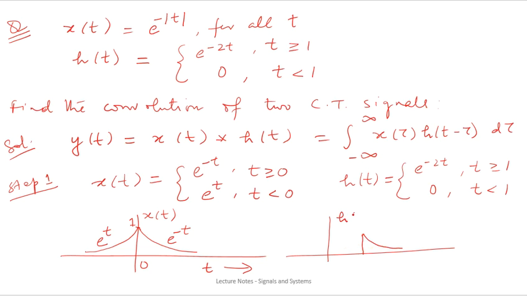This is h(t), this is t, and this value should be e raised to the power minus 2 at t equals 1, okay.